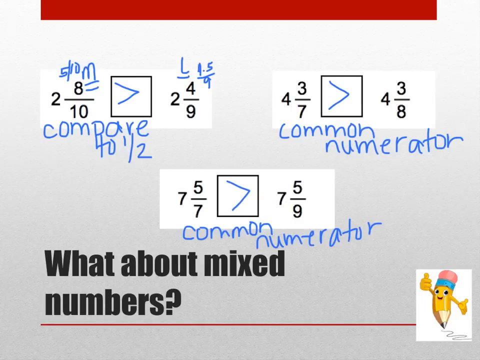I also used common numerator for 7 5/7 and 7 5/9. The whole numbers were still the same this time, but 5/7 size slices would be more than 5/9 size slices, since 7ths are bigger than 9ths, making that also the greater fraction.